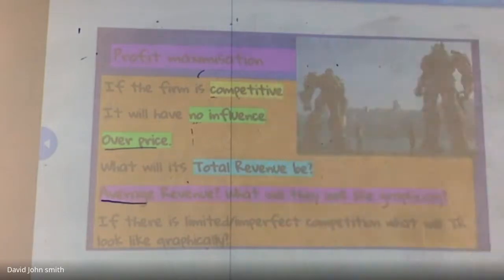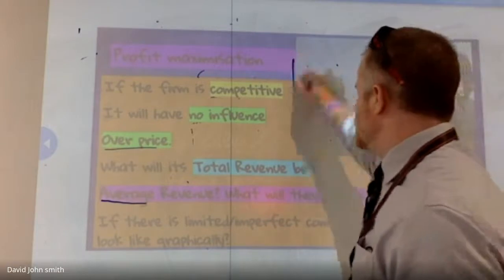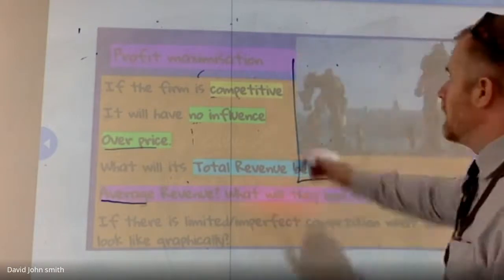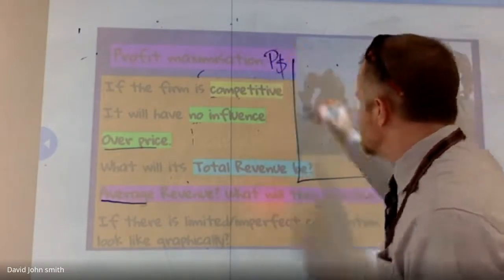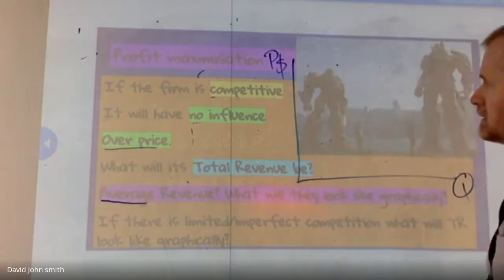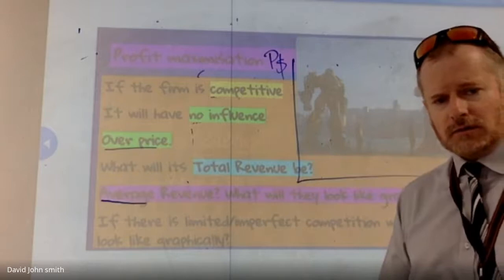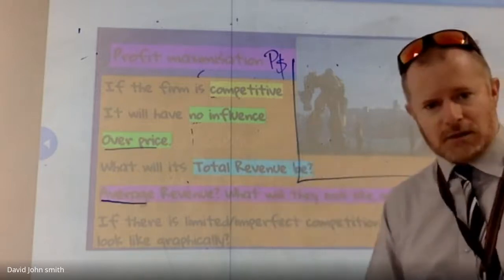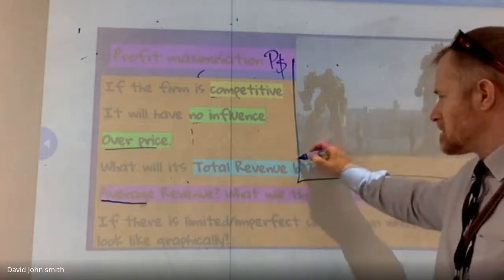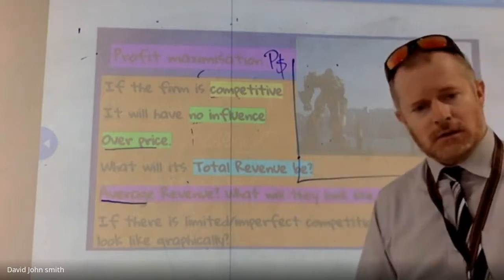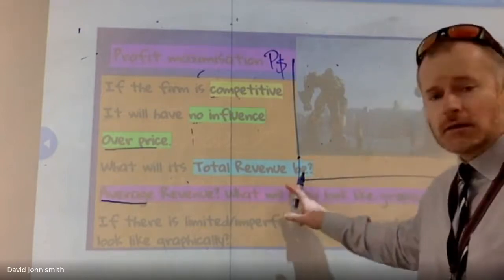Right. So if we have a graph and we have price here, quantity here, and we're talking total revenue, it's going to be price times quantity. So total revenue is going to start somewhere here. It doesn't start down here.